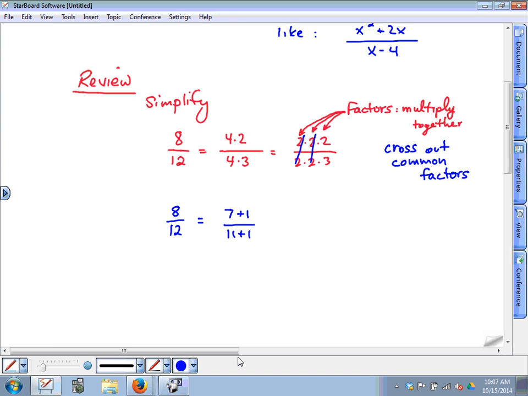Like I crossed out these 2's, but I can only cross out common factors, and factors multiply together. These are not factors. 7 plus 1, those aren't factors of 8. 11 plus 1, those aren't factors of 12. You cannot cross out those ones right here. If you have terms that are separated by plus or minus signs, you can't cross out parts of those terms. This right here doesn't work. And I know you guys know that with numbers, but once we start getting variables, then students start trying to do weird things like that. It just doesn't work.